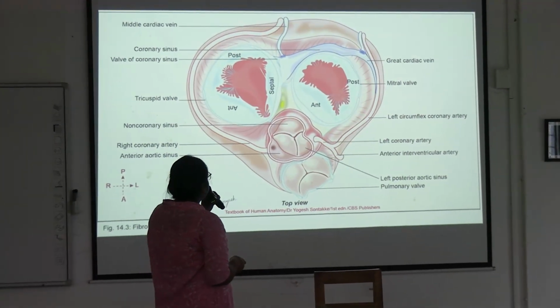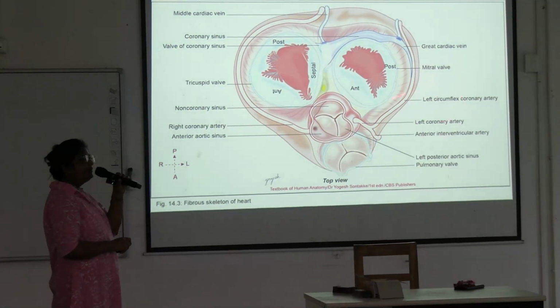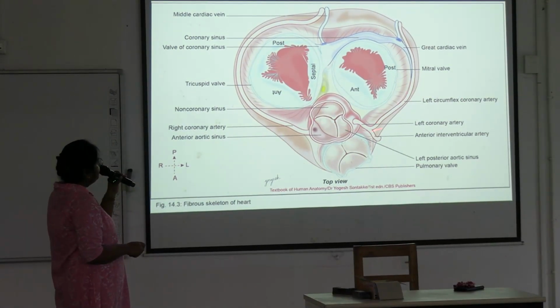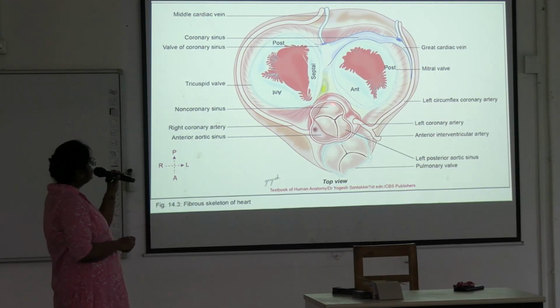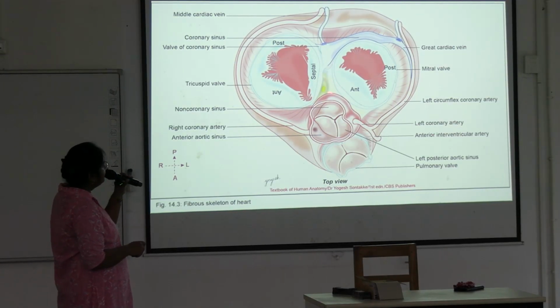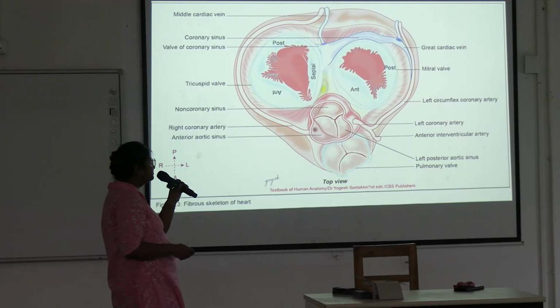Next, see here, this is a section through the ascending aorta. Here is the origin of the left coronary artery, and here the origin of the right coronary artery from the aortic sinuses. From this aortic sinus no coronary artery is arising, so this is the non-coronary sinus.